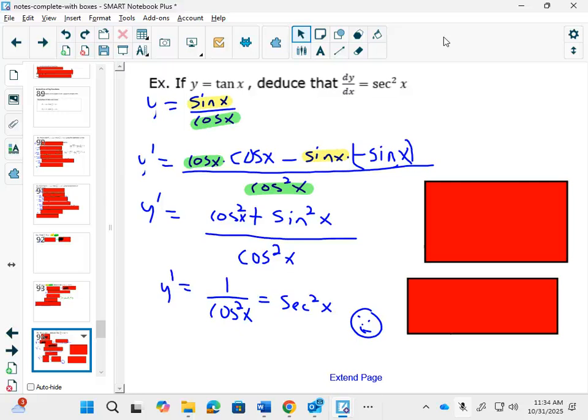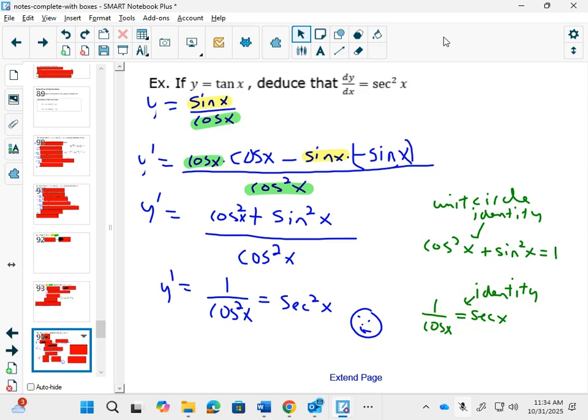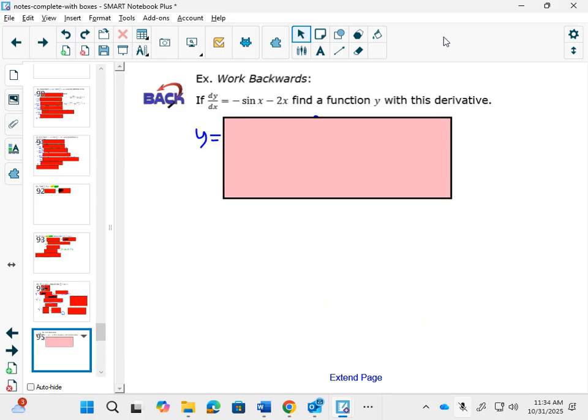There are also going to be shortcuts for sine inverse x, cos inverse x, tan inverse x, cosecant inverse x, secant inverse x, cotangent inverse x. Those are all shortcuts we still have to do. Those are identities. You don't need to write those down. Can you work backwards? Undo your shortcuts.